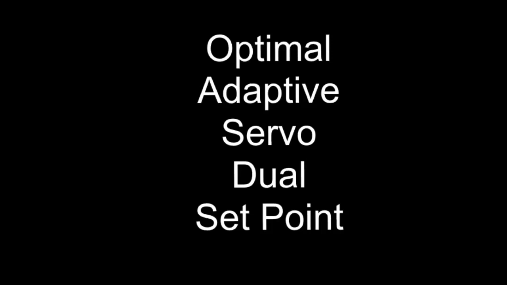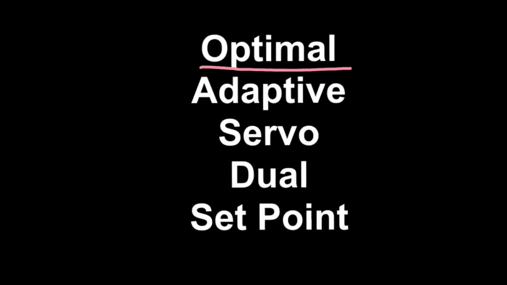This video is a brief description of optimal targeting scheme. Before we get into what is an optimal targeting scheme, let's look at this slide, which lists other targeting schemes based on their hierarchy. As you can see, currently optimal targeting is at the top.